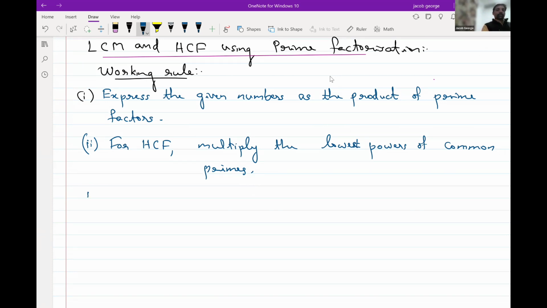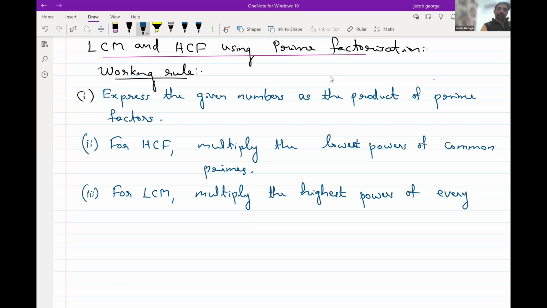Then third point, for LCM, multiply the highest powers of every prime.